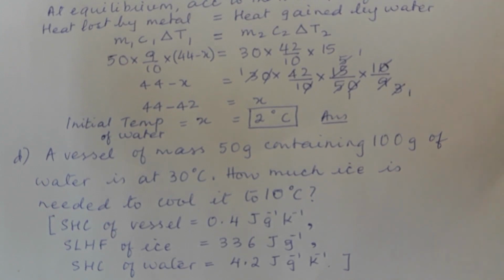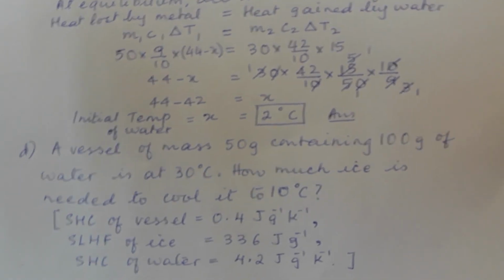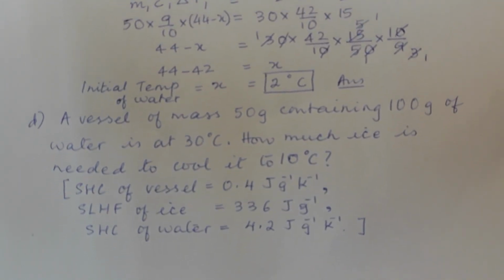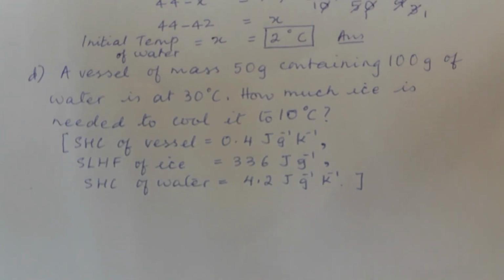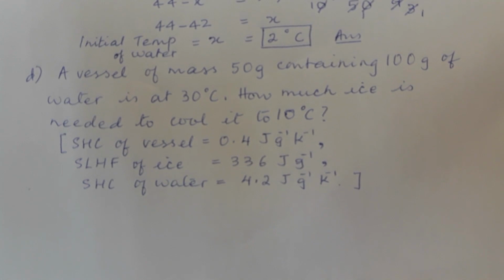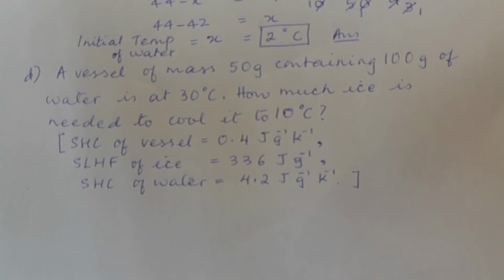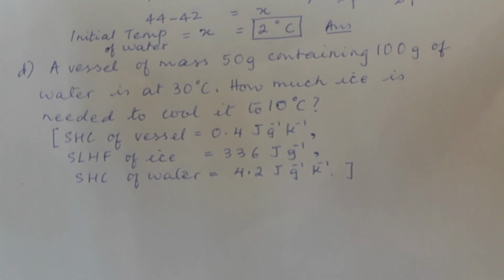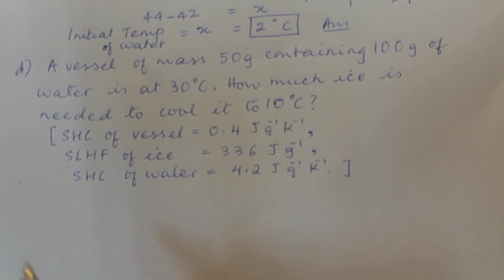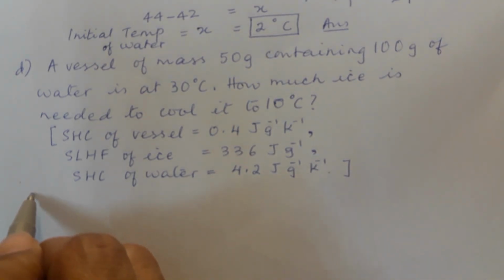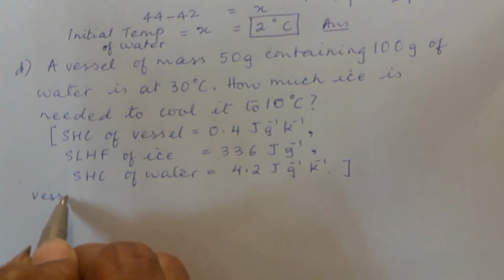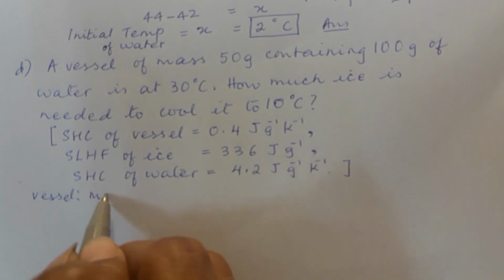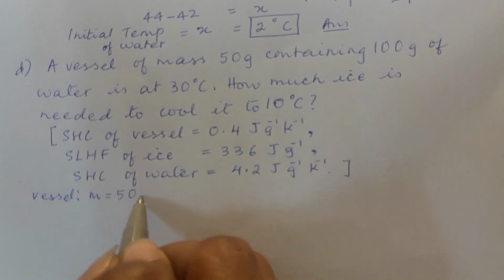And now we come to one more question. The question reads: a vessel of mass 50 grams containing water is at 30 degrees C. How much ice is needed to cool it to 10 degrees C? For something like this, again we will do it for our vessel. Mass is equal to 50 gram.